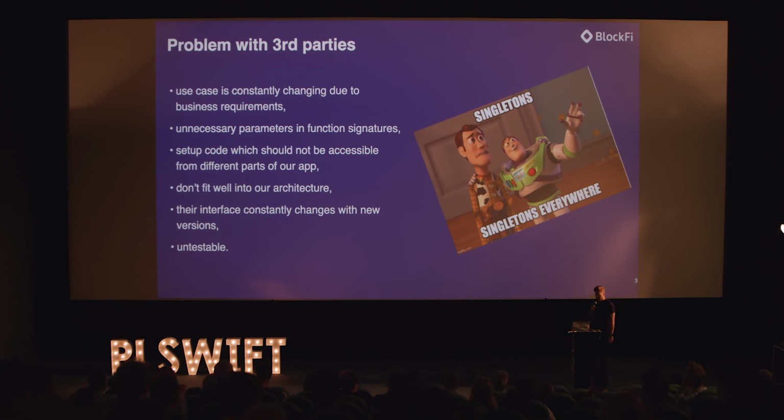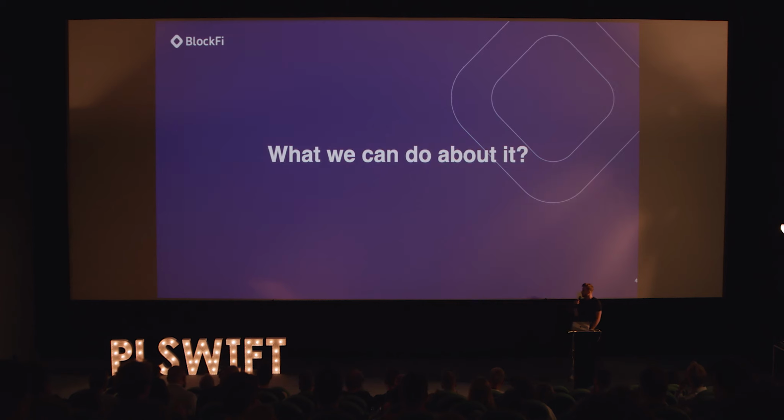And most importantly, their interfaces are changing from one version to another, which makes a really big headache every time we update. You know this feeling when you update your pods or something and then you have like 50 errors? At the end of this presentation, I will make them 10. Yeah, and they are untestable, which is really hard to stand.